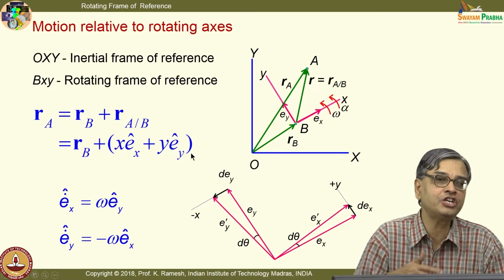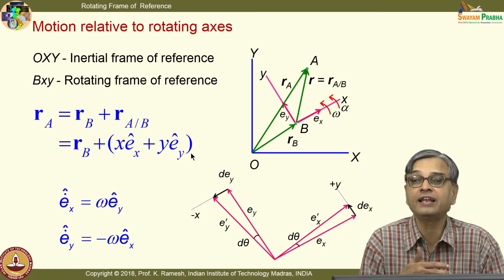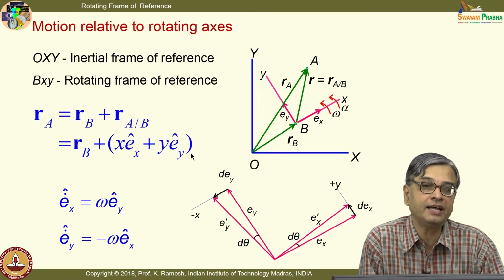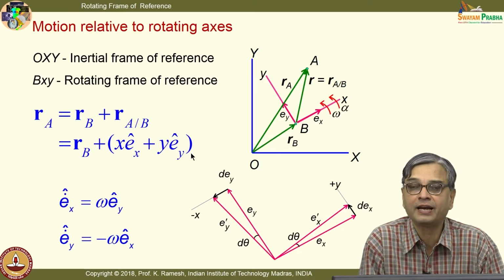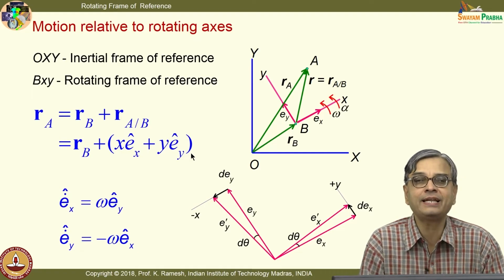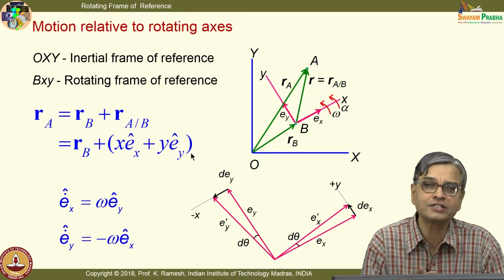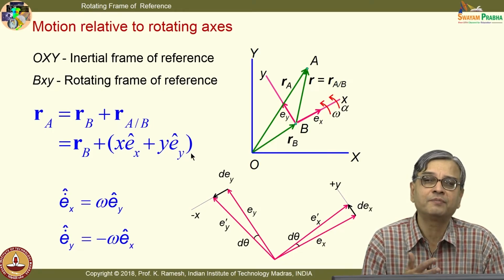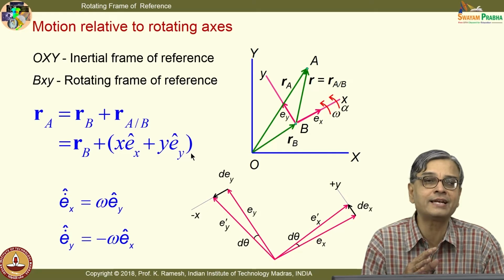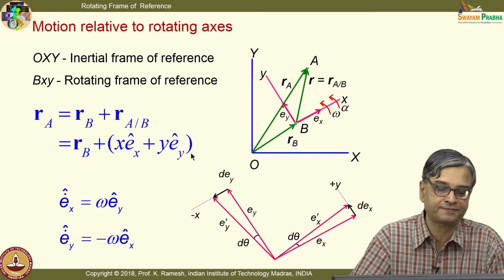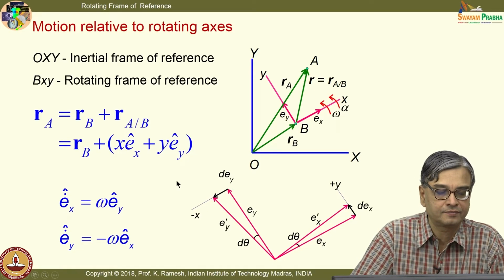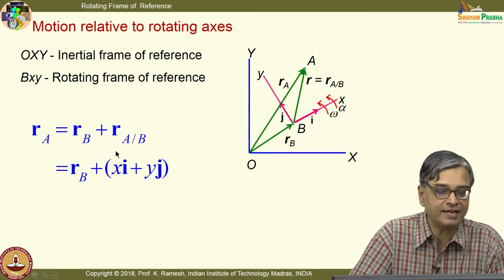So, when I differentiate, I would recognize E x dot will be there, E y dot will be there, but later on I would simply replace it by i and j for convenience, because it is again nomenclature which we use. In this chapter we will use it like this. So, in the context you interpret i and j differently. So, that is what I have said.